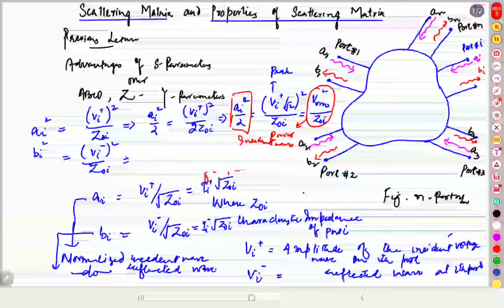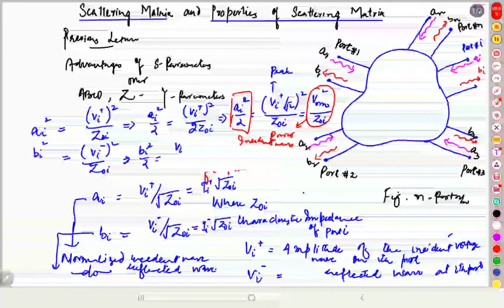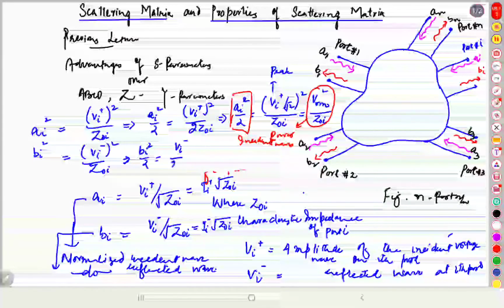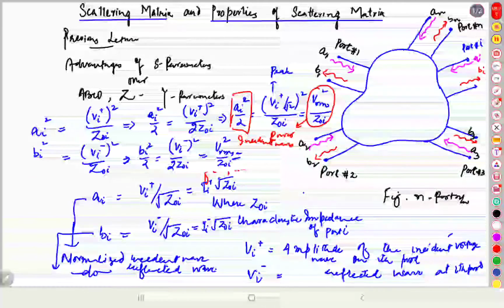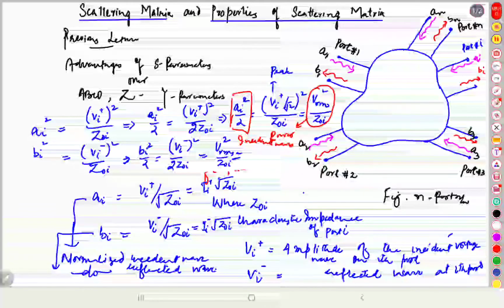So likewise, Bi square by 2 would be Vi negative square by 2 ZOI. So this would mean basically Vrms square by ZOI. So that means this is the power which corresponds to the reflected wave.